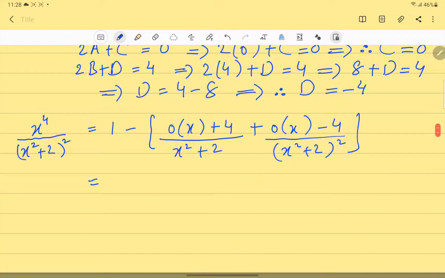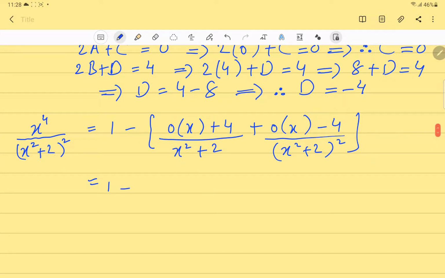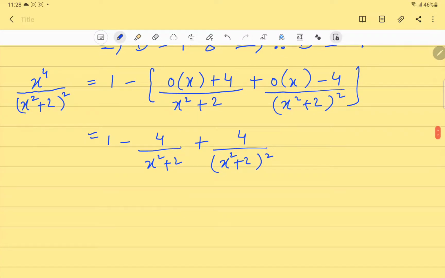So we are getting 1 minus 4 over x squared plus 2. And here we have minus 4. This minus 4, when it will multiply with minus, will become plus 4 over x squared plus 2 whole squared. And this is the answer of our question.